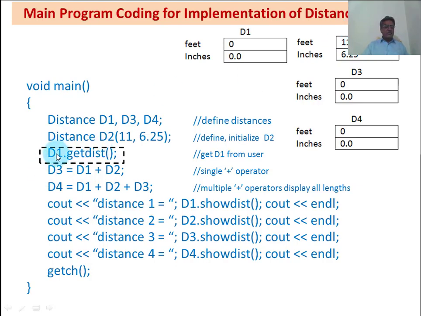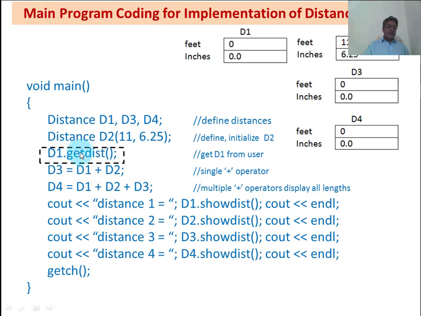The third line is d1.getDist. Now d1 wants to store some value in its memory, so d1 is activating the getDist function, and the getDist function will get the values from the user and store them in the memory of d1, that is in feet and inches of d1.